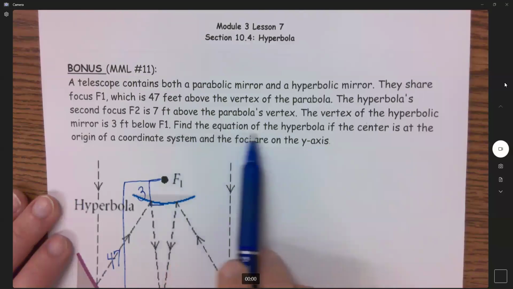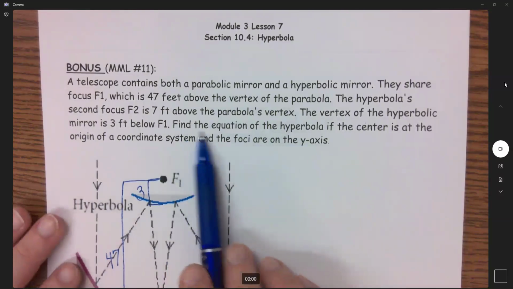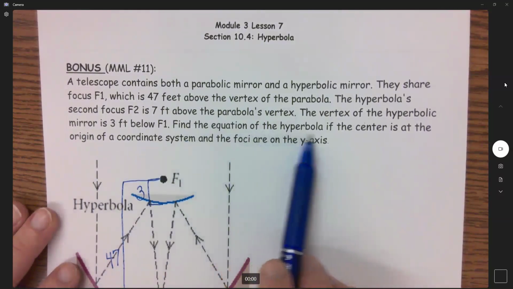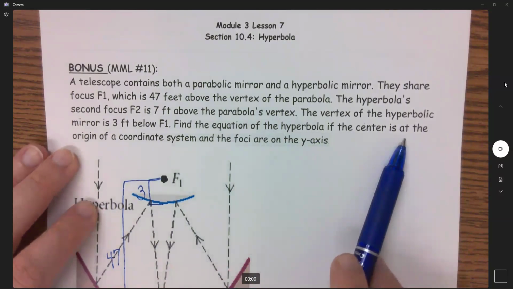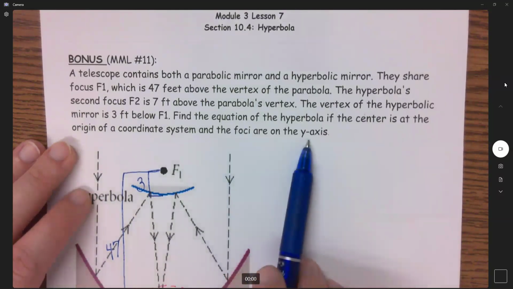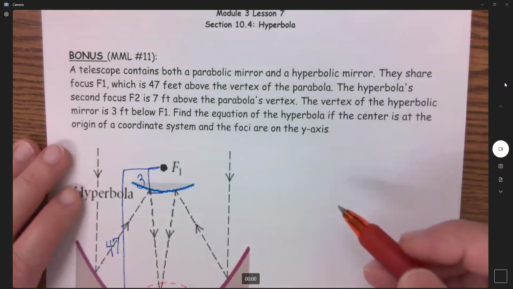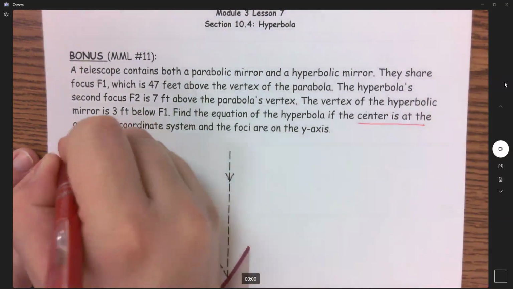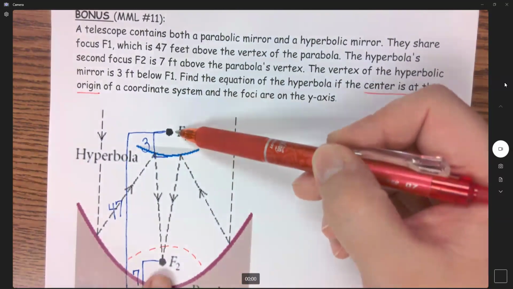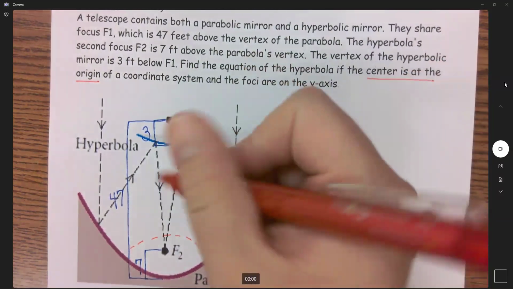Then it goes on to say, find the equation of the hyperbola if the center is at the origin of the coordinate system and the foci are on the y-axis. So because the center is at the origin, I know the center is in between my two foci when it comes to my hyperbola.